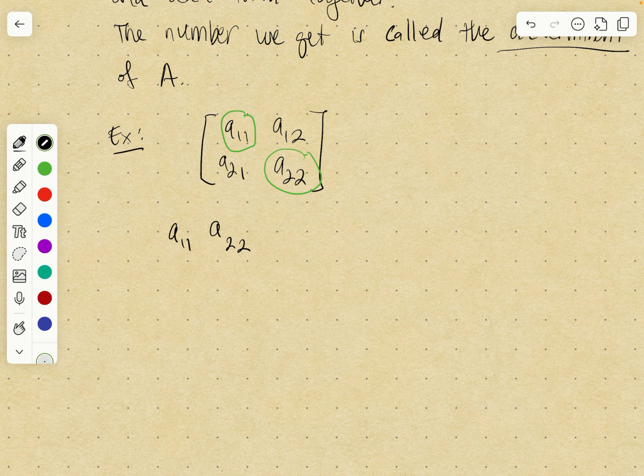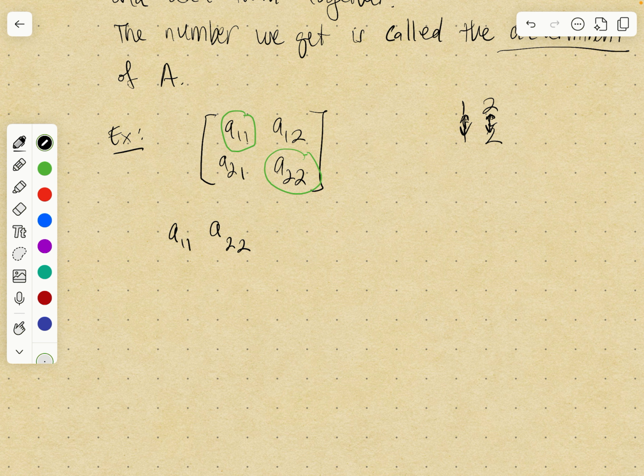Now this permutation that takes 1 to 1 and 2 to 2, if you look at whether it's even or odd, this is going to be an even permutation, right?